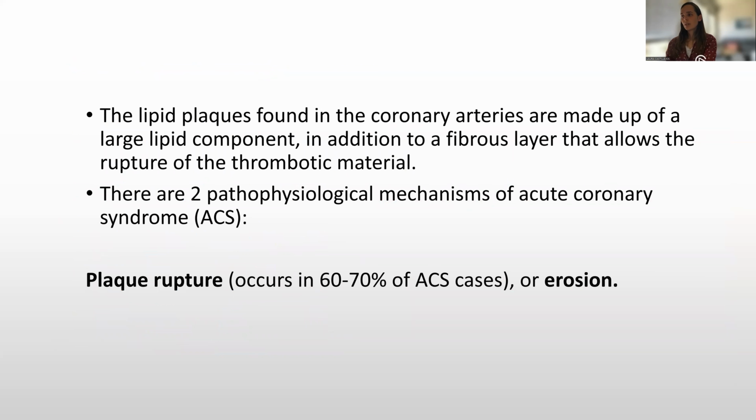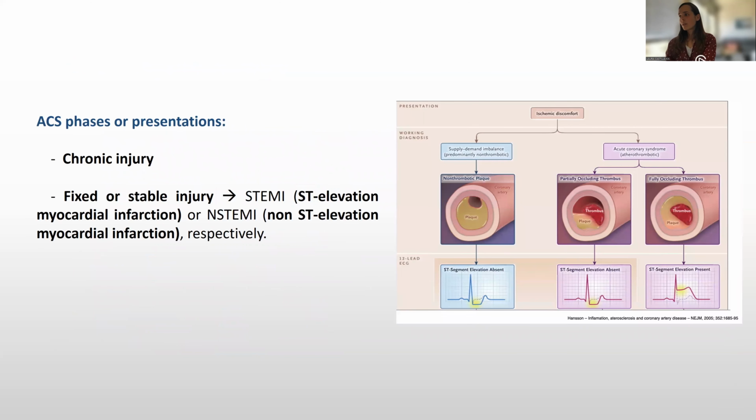There are two pathophysiological mechanisms of acute coronary syndromes. Plaque rupture accounts for 60-70% of acute coronary syndrome cases, or erosion. Here, the acute coronary syndrome phases or representations can be chronic injury. Chronic injury is a physical injury that becomes chronic and the lipid component disappears or is reduced.